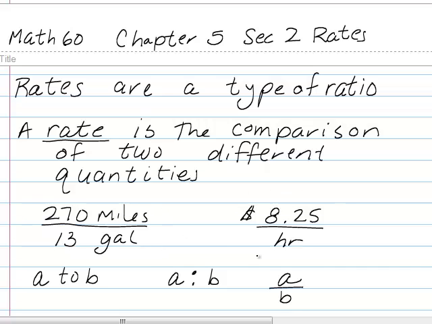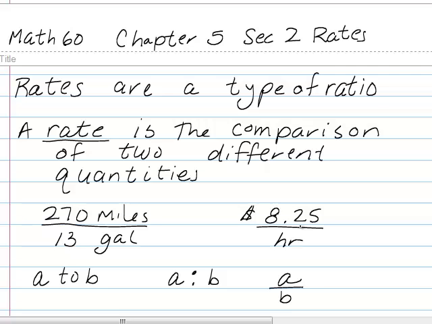Now this one is very familiar to us, as most of us have jobs or have had jobs that pay us in dollars per hour. And so $8.25 per hour, the fraction bar here, we know that to mean also division, but in this case we use the word per or for.